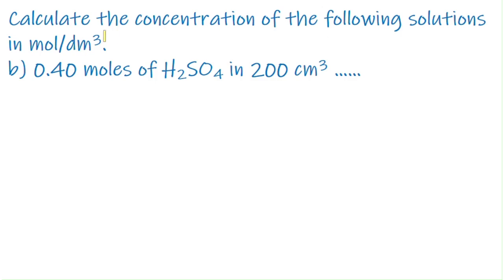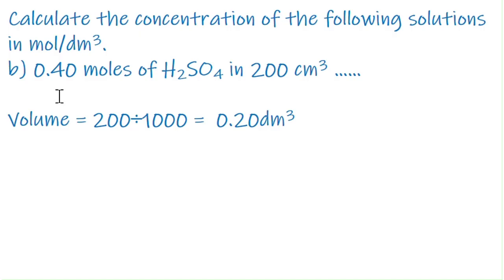Calculate the concentration of the following in moles per decimeter cubed. 0.4 moles of H2SO4, sulfuric acid, in 200 cubic centimeters. Remember, part 1, volume in decimeters cubed. So we divide by 1,000. 200 divided by 1,000, 0.2 decimeters cubed.